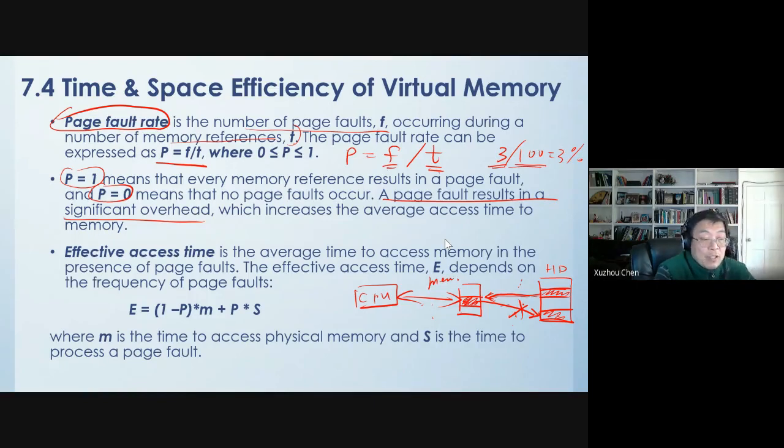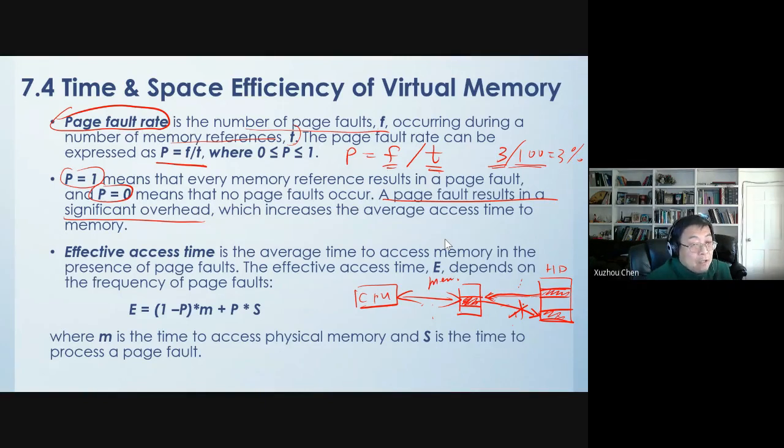Now the communication between the CPU and the memory is basically communication with electronic signals. So it is close to the speed of light, but for the physical hard disk, it sometimes involves a mechanical movement.